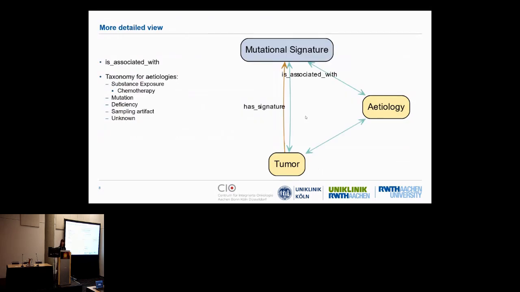Now I'm zooming in a little bit. So mutational signatures, etiologies, and tumors are related with one another using the is associated with relation. That's a symmetric relation. Of course, tumors have an associated signature. There's also an associated taxonomy for etiologies. Etiologies may be substance exposures, chemotherapies, mutations, deficiencies, sampling artifacts, or they may just simply be unknown.